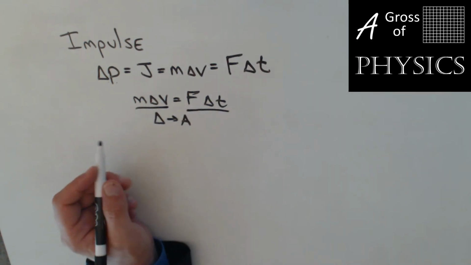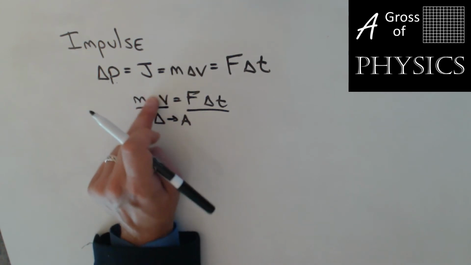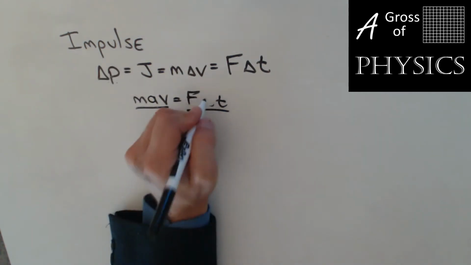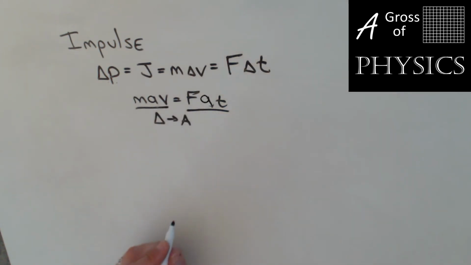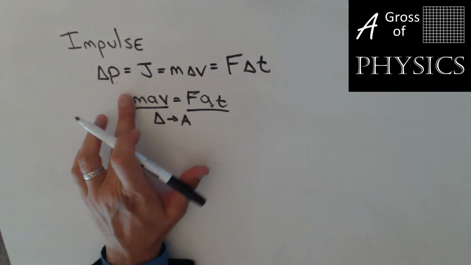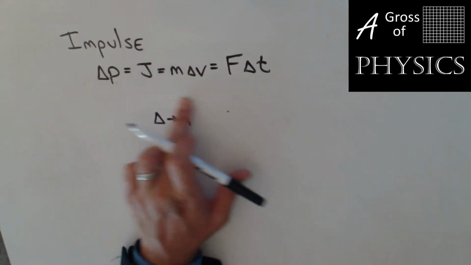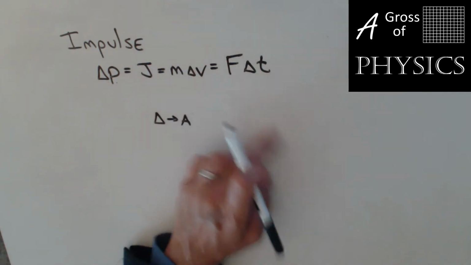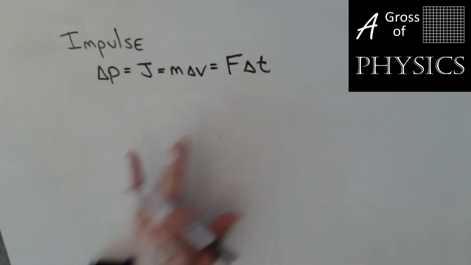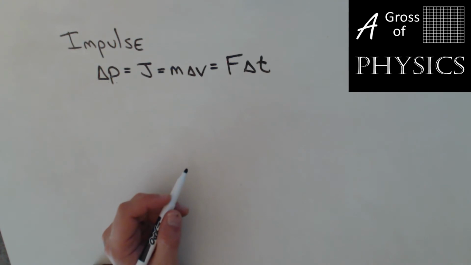But one of the mistakes that people make is they'll inadvertently use an A. And this is not the equation. If you put MAV and FAT, then you're going to get it wrong. So just be aware of that. If you want to use MAV FAT, you're more than welcome. It's just you need to make sure that you avoid using the actual A instead of the delta.